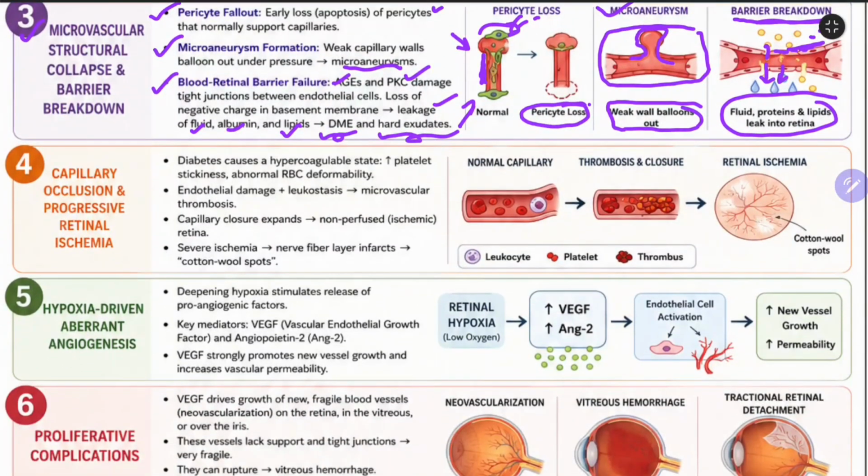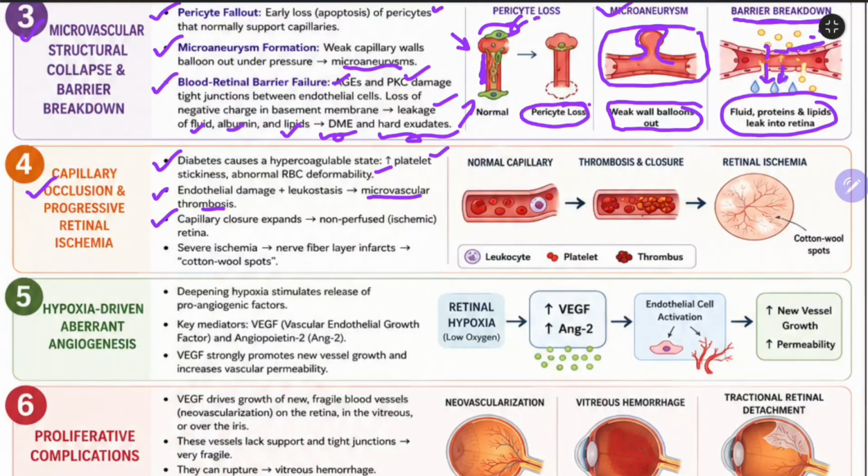Okay, then there will be capillary occlusion and progressive retinal ischemia. So diabetes causes a hypercoagulable state. There is increased platelet stickiness and abnormal RBC deformability. That causes endothelial damage plus leukostasis, which will cause microvascular thrombosis.